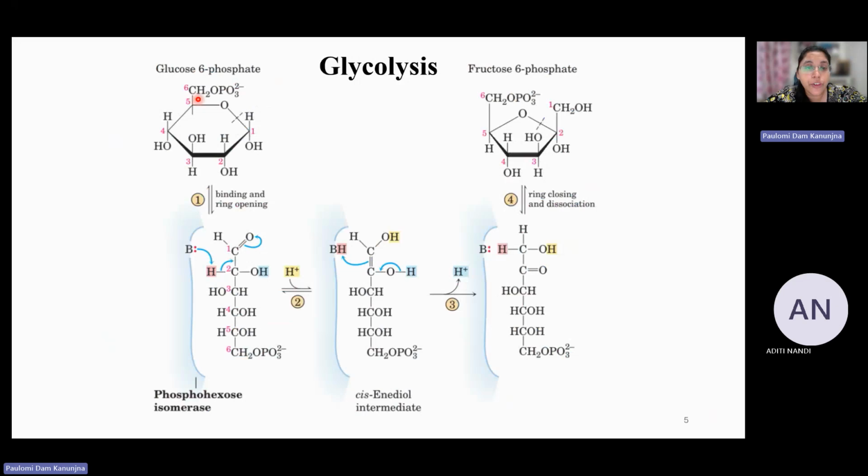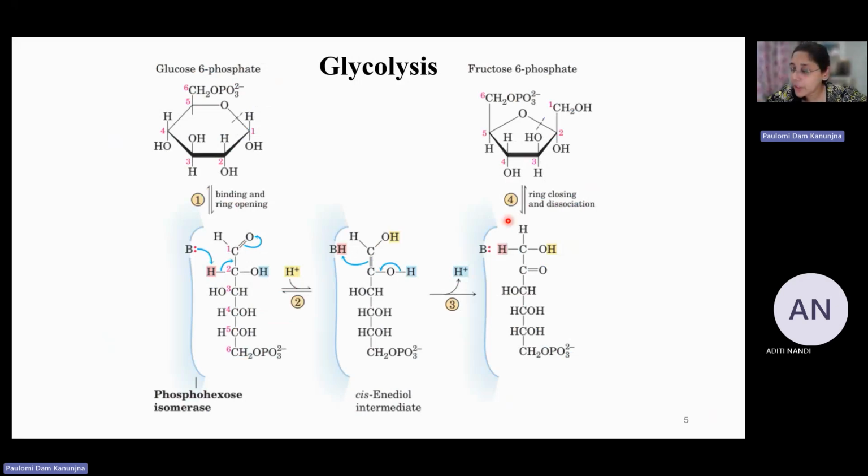So the closed ring structure has formed an open ring structure. Key for you to remember: what does opening and closing relate to? In which concept did we learn about opening and closing of rings? Cue for you to remember that concept or topic that we discussed.